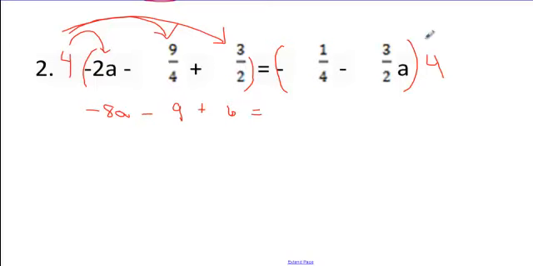And then on the other side, there's a negative. It's right there. Remember, I forgot it at first. So bring down the negative. A quarter of 4 is 1. And last time, 4 divided by 2 is 2, times 3 is 6.